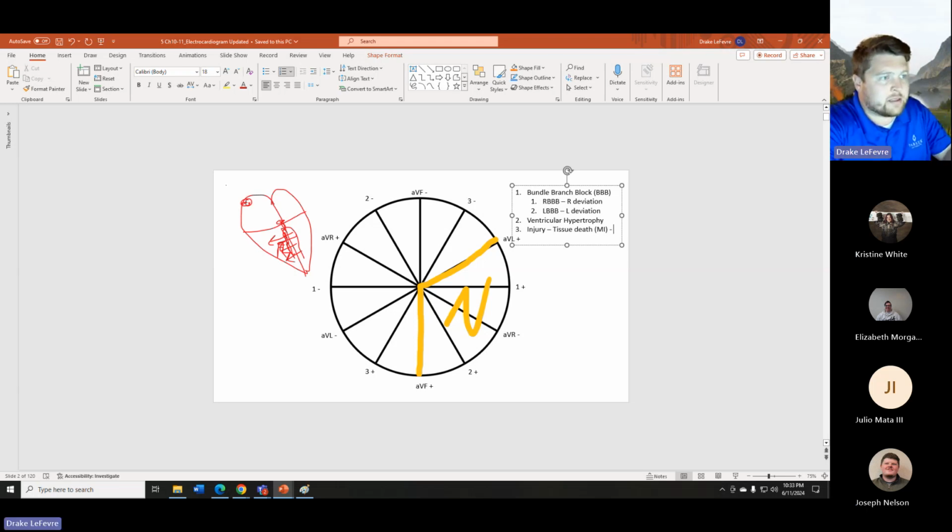So let's say left ventricle MI, right deviation; right ventricle MI, left deviation, because the dead tissue isn't going to work. So left hypertrophy, left deviation; right hypertrophy, right deviation. Left hypertrophy is way more common than right hypertrophy.